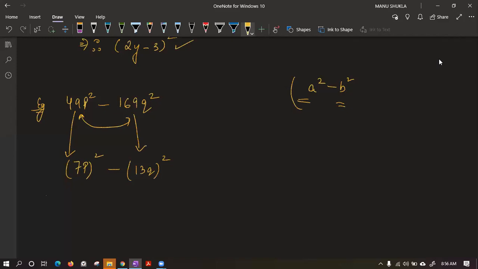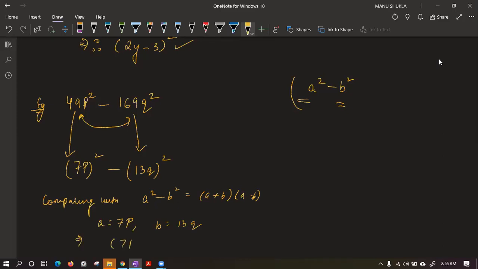So we can say, comparing with a square minus b square is equal to, we can say a is equal to 7p and b is equal to 13q. That's it. And now just solve it.